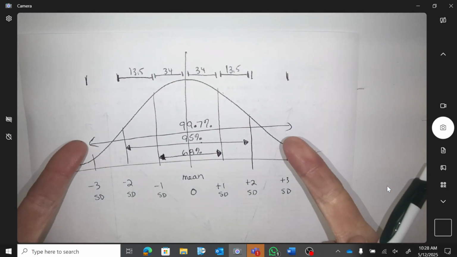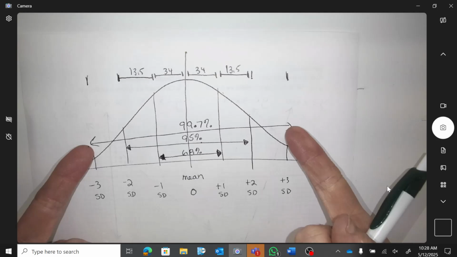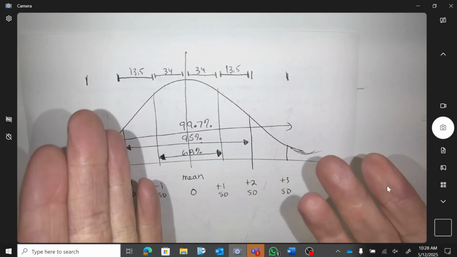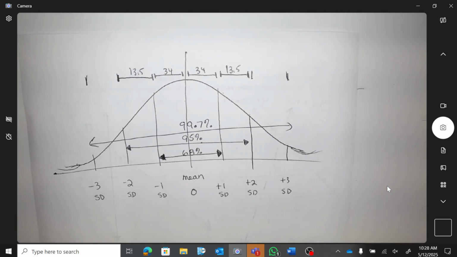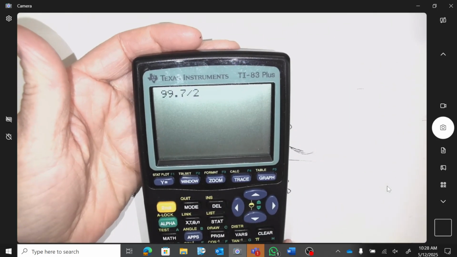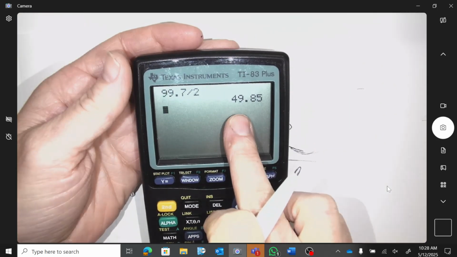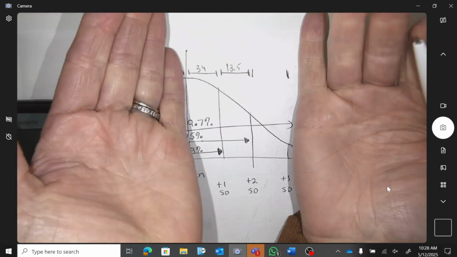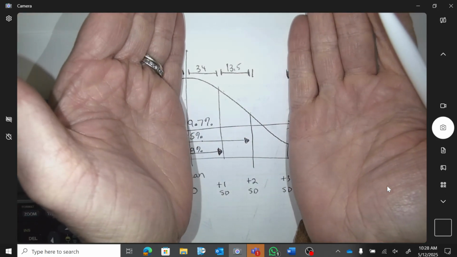99.7 divided by 2. Do we like that? 99.7 divided by 2 is this much.